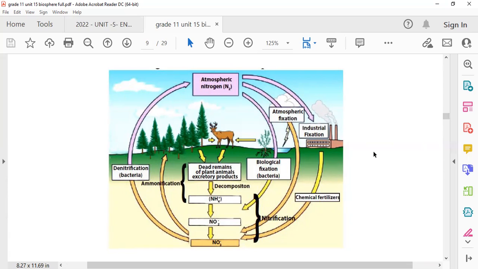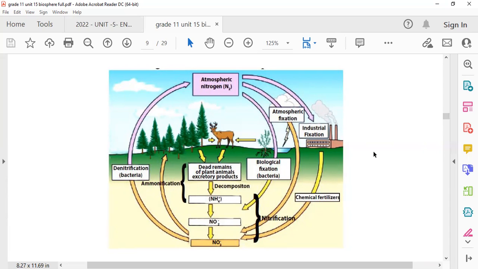During the nitrogen cycle, there are three events that bring nitrogen into the environment. There are three events that bring nitrogen into the ecosystem.